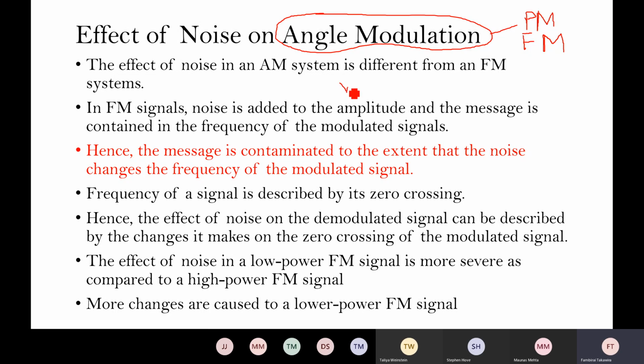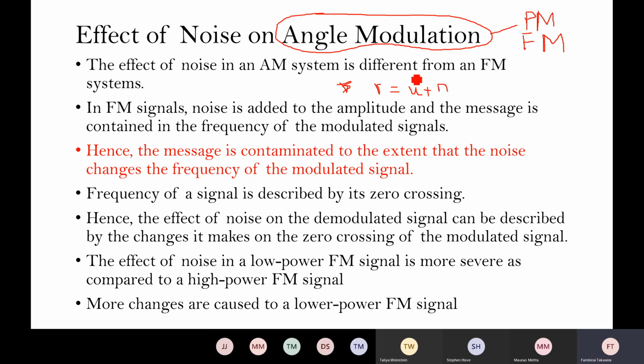The received signal R is going to be equal to whatever is transmitted, which is U, plus N. So R of T is U of T plus N, where N is the noise.